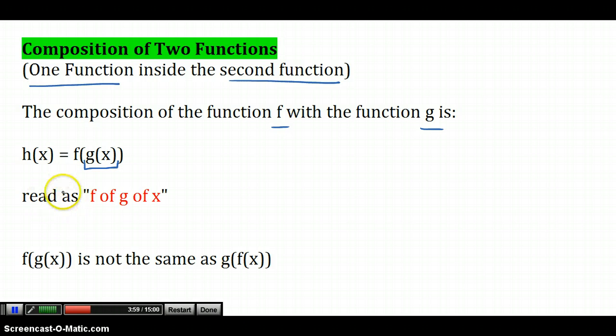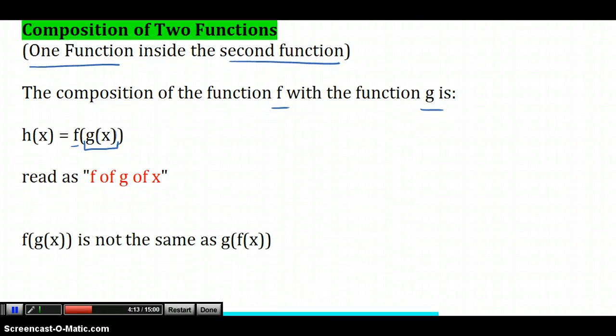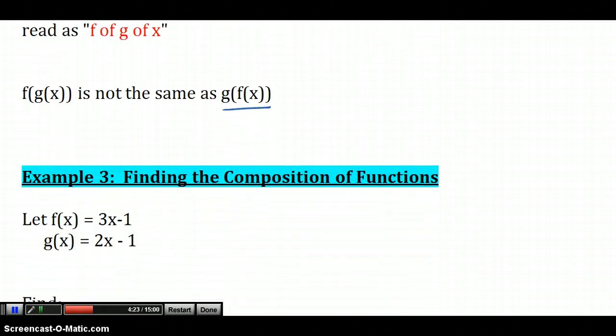And this reads, if I was to say this out loud, f of g of x, because the f with the parentheses is "of", so f of g of x. And f of g of x is not the same as g of f of x. These are not the same. And we're going to see that in the example below when we do this.